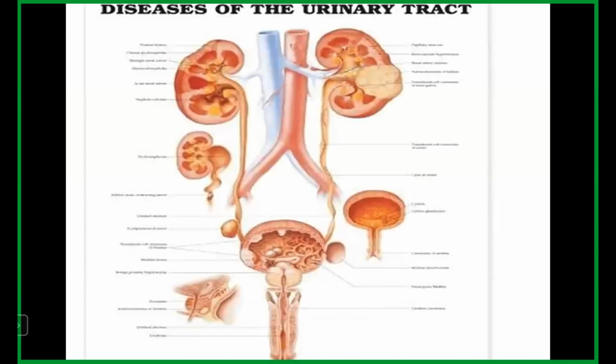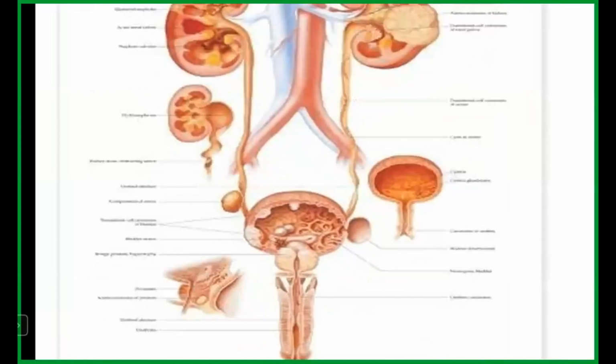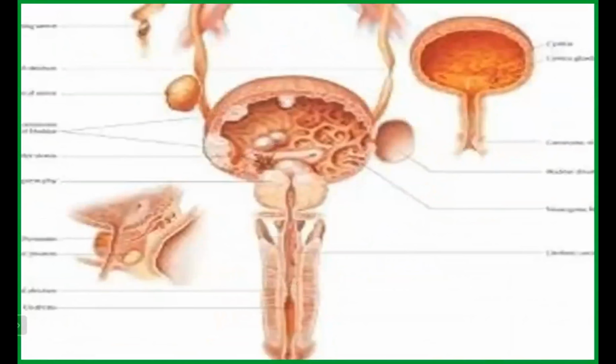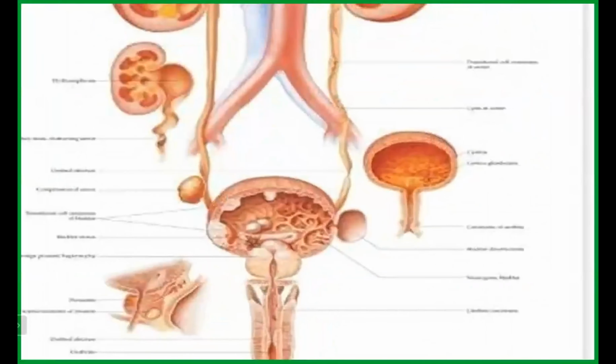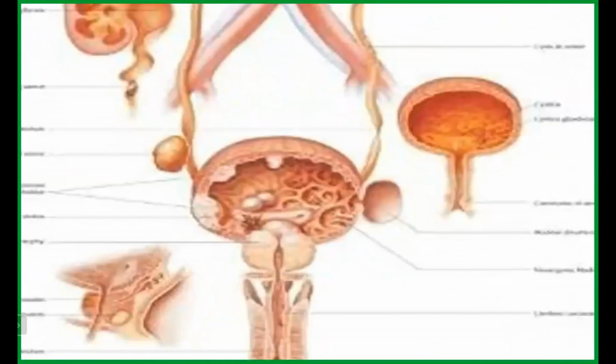Here we have this picture. I don't know if the quality is good. The diseases of the urinary tract could be at the same time a risk factor for infection. As we see here, prostatic hyperplasia, unfortunately, disturbs the evacuation of urine.